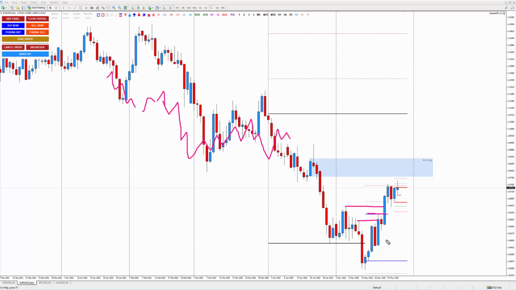These are all minors, because the main one is probably here or here, depending on which one you consider as the major structure. So now, for example, I consider here and see the price is going to go higher. There is a high probability that the price will go higher.